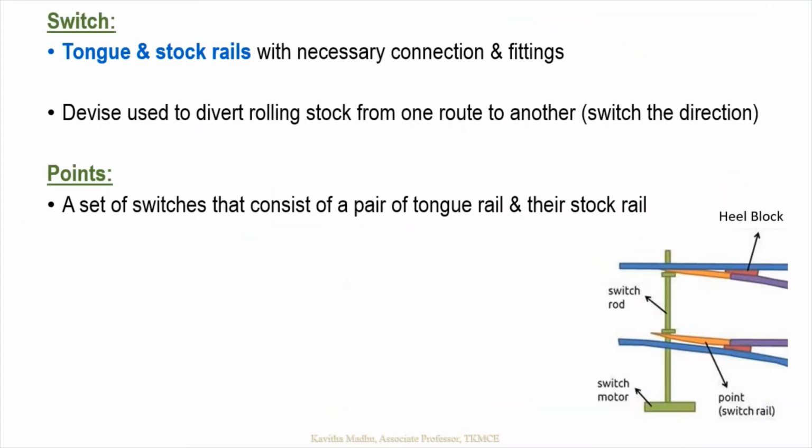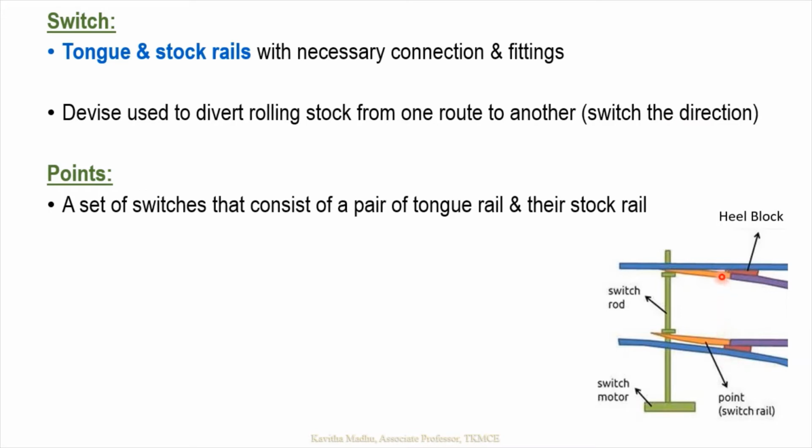The points or switches are the moving part of a turnout, as I told you already. Depending upon how these switches move, the direction of the train can be fixed. It is the device used to divert the rolling stock from one route to another by switching the direction. It essentially consists of a tongue rail and the stock rail.